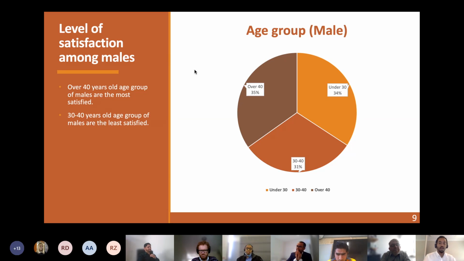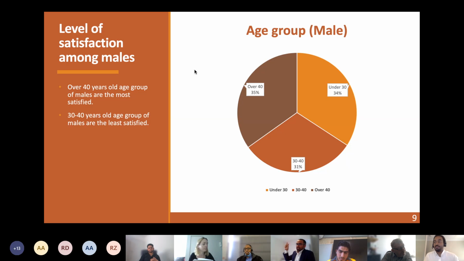For under 30, they had 30%, 34, and over 40, 35, and 30 to 40, we had 31. So basically, this is the scale of the average. Another method we used: for the highest level of satisfaction, we put a value of 18, and then we divided the participants based on their age and gender.